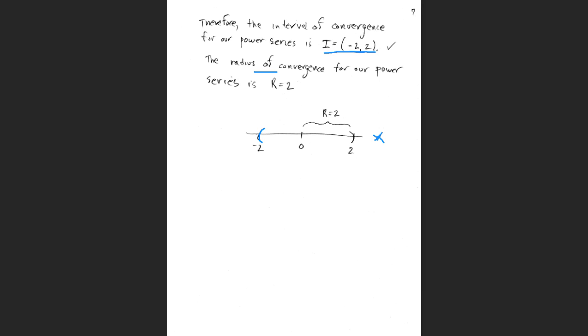So this interval of convergence, which goes from -2 to +2, what's the interval's length? That's right, Tosh, 4. So half of 4 is 2.